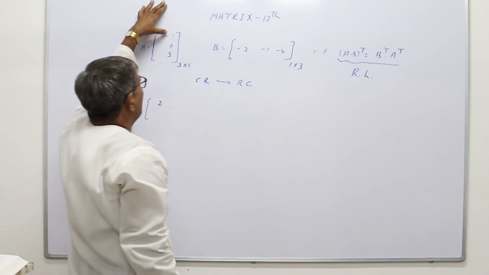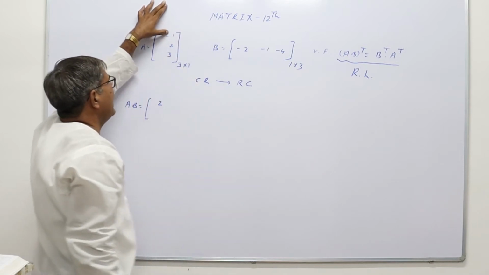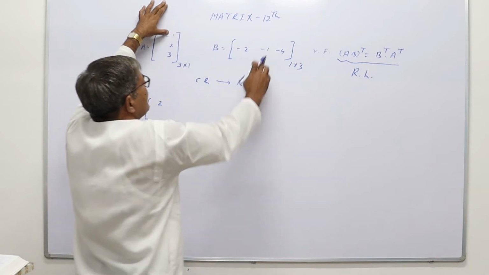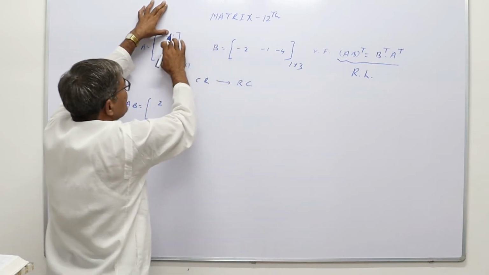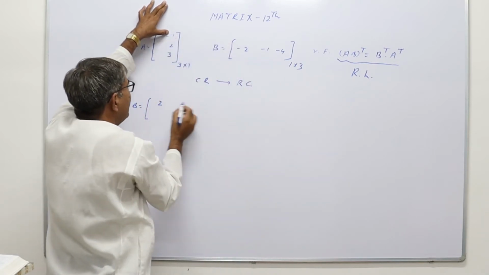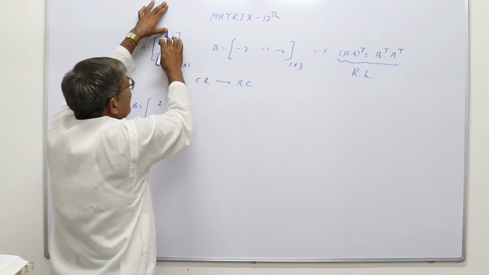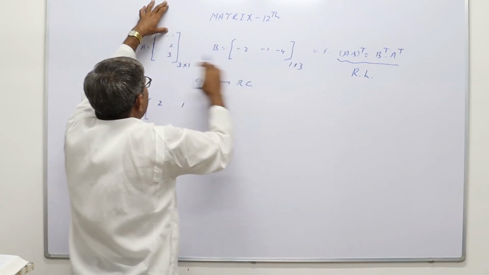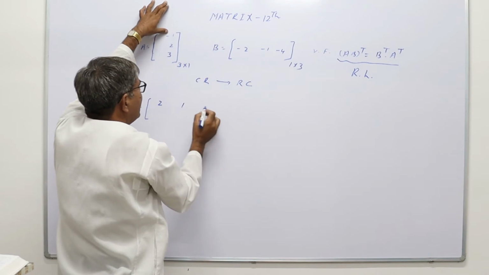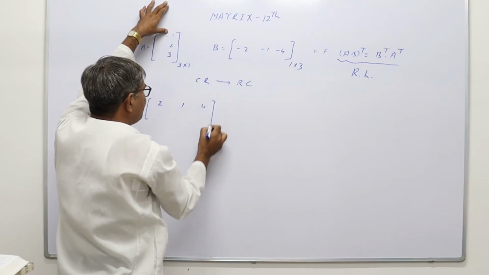So in row and column, there is only one element. Then first row, second column, so minus 1 into minus 1, that is plus 1. Then first row into third column, that is minus 1 into minus 4, that is plus 4.